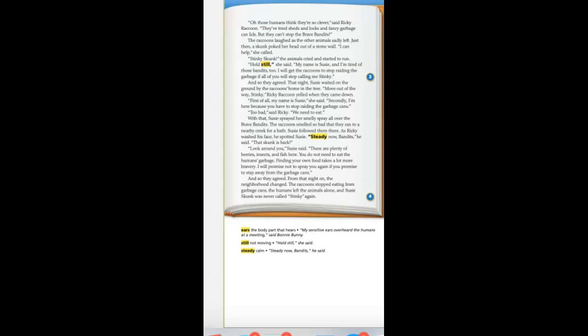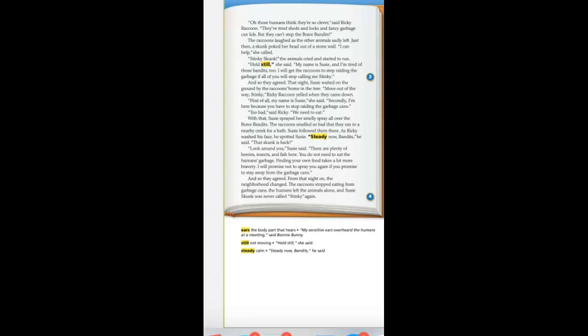"Steady now, bandits," he said. "That skunk is back." "Look around you," Susie said. "There are plenty of berries, insects, and fish here. You do not need to eat the humans' garbage. Finding your own takes a lot more bravery. I promise to not spray you again if you promise to stay away from those garbage cans."